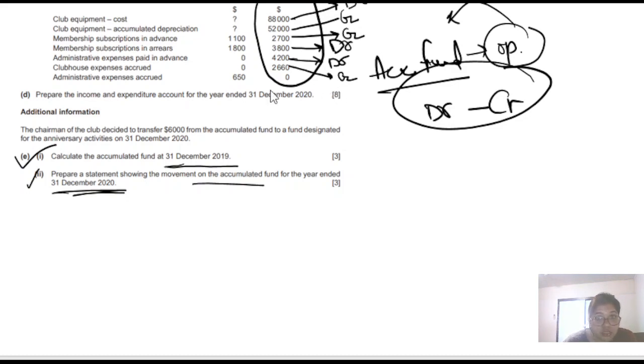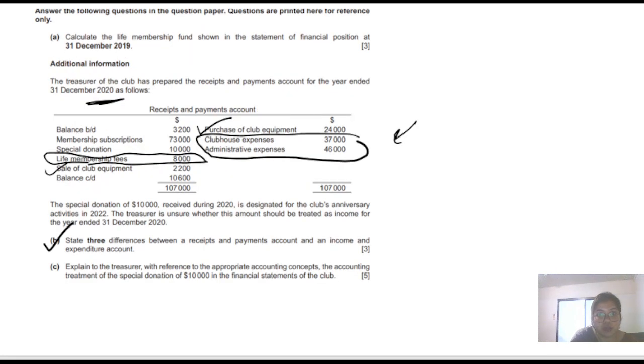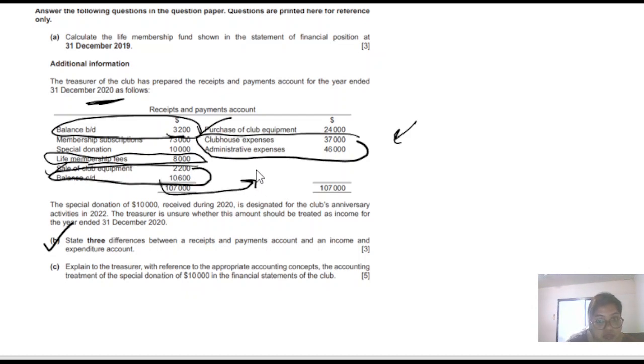And one more thing, from the receipt and payment account there is an opening balance of bank, that is 3,200, and the closing, that is 10,600. Where is it? Here. If it is written here, it means it's a positive balance.